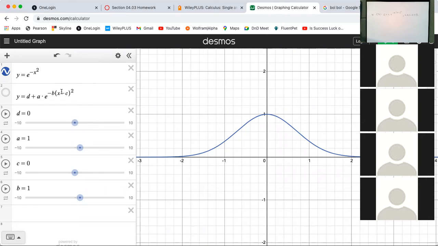But let's turn on my variation. My variation is going to be sitting right on top of my original. In the variation where I have d plus a e to the negative b times (x minus c) squared, the default is d equals 0, a equals 1, c equals 0, and b equals 1. So we know that there's our local maximum. I don't think this finds inflection points for you.